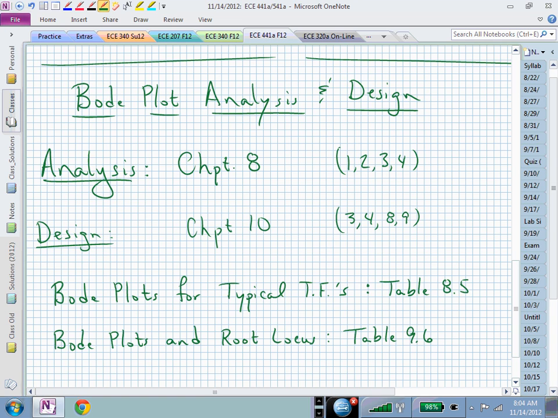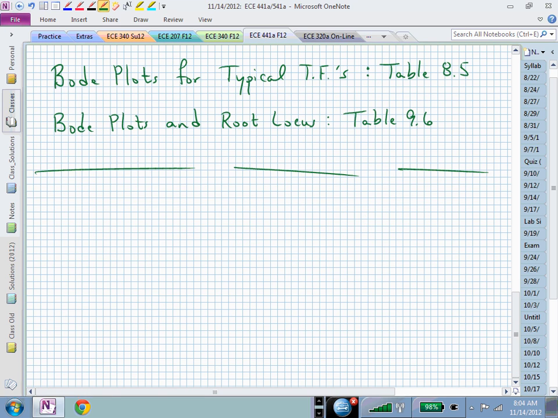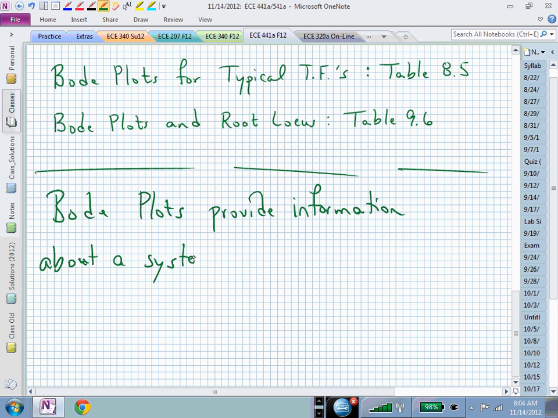Let's then talk about Bode plots and try to get a better feel for what that provides us with. These Bode plots give us information about a system's frequency response.